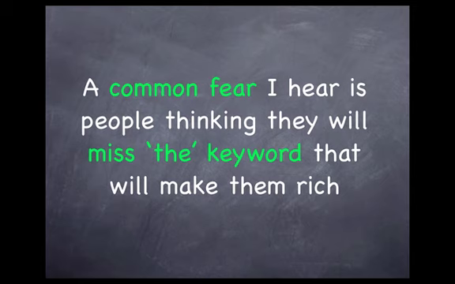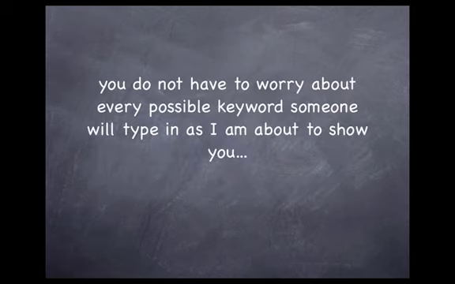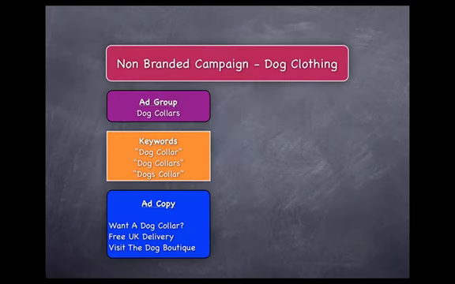Now, a common fear I hear is people thinking they will miss the keyword that will make them rich. You do not have to worry about every possible keyword someone will type in, as I'm about to show you. So let's stay with the dog clothing example here. So we've got dog clothing ad group, dog collar ad group, dog collar related keywords, dog collar ad copy.